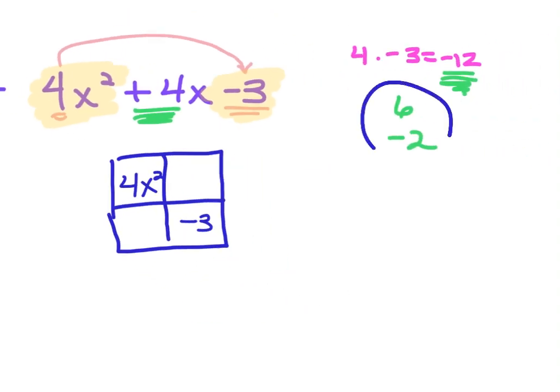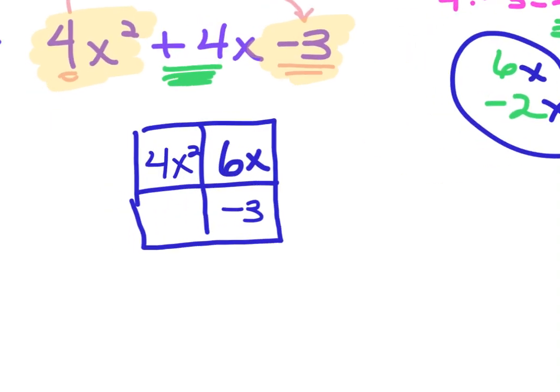Then I'm going to grab the 6 and the negative 2, and put x's with them in the other two corners. It doesn't really matter which goes in which corner, as long as you put the 4x squared and the negative 3 in those other two boxes. And then the next thing that you want to do is do 4 GCF problems. So the 2 GCFs going across are going to be 2x.